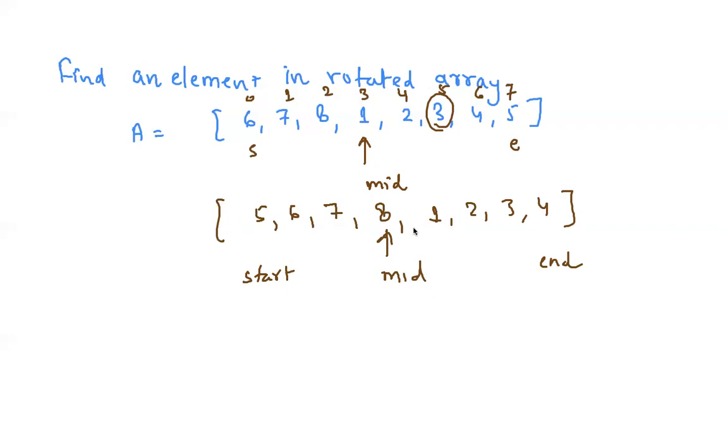Wait, wait, wait. You just saw the example. Go forward. How would you know that the left side of the array is sorted? How do you know that? Suppose a of left is less than or equal to a of mid, so my left array is sorted. Oh, no, no, no. Stick to fundamentals: a of mid, a of end.